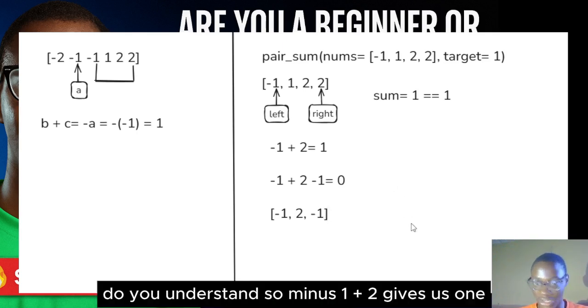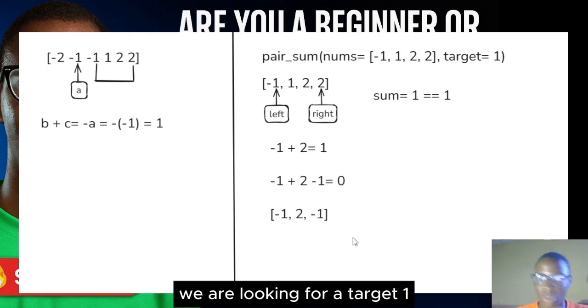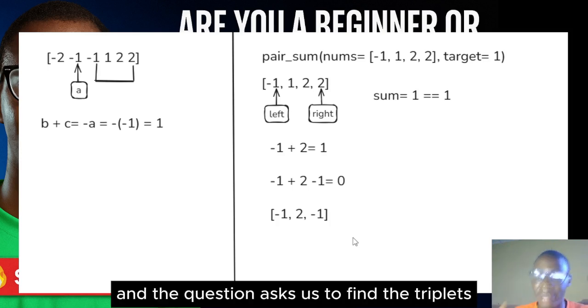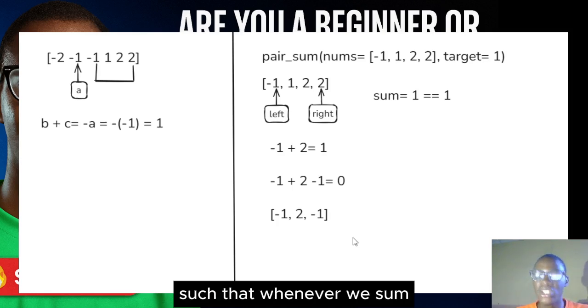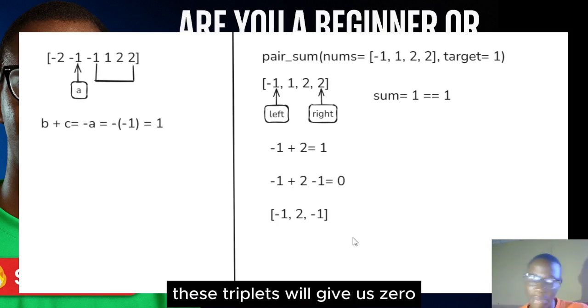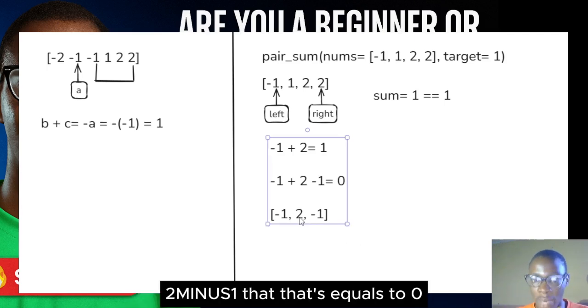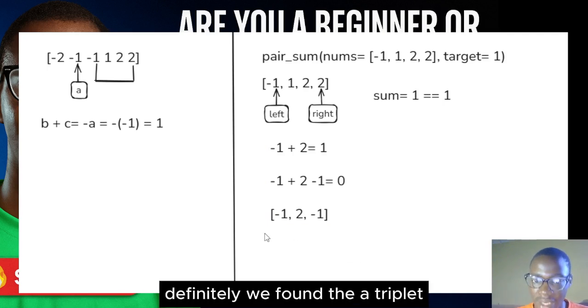Do you understand? So -1 plus 2 gives us 1, and we are looking for a target 1. Now -1 plus 2 minus 1 will give us 0, and the question asks us to find the triplets contained within the array such that whenever we sum these triplets they will give us 0. Now that we have found the triplet -1, 2, -1 that equals 0, definitely we found a triplet.